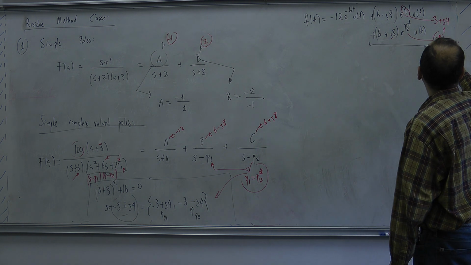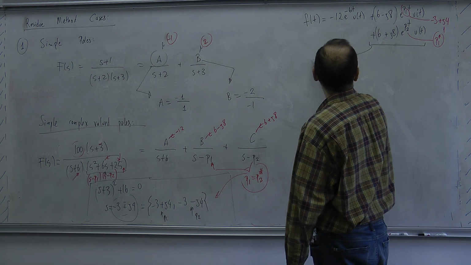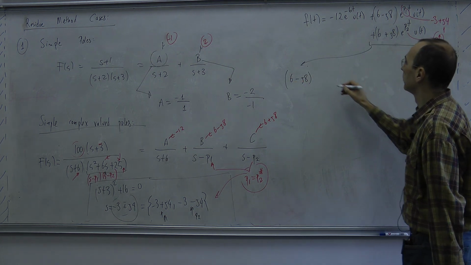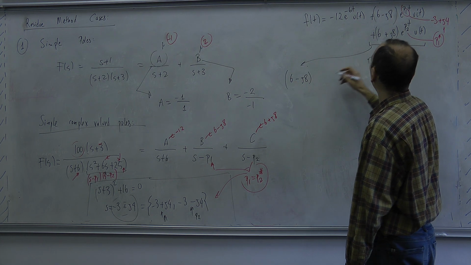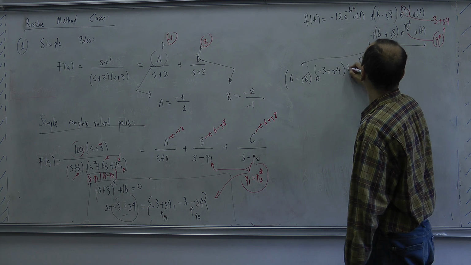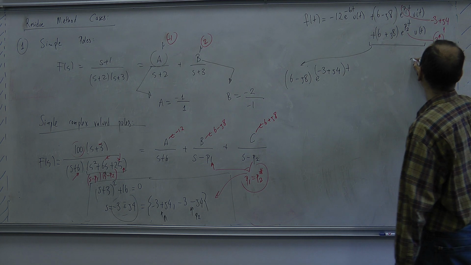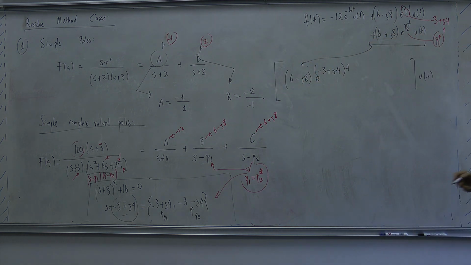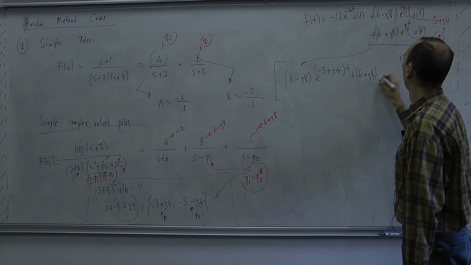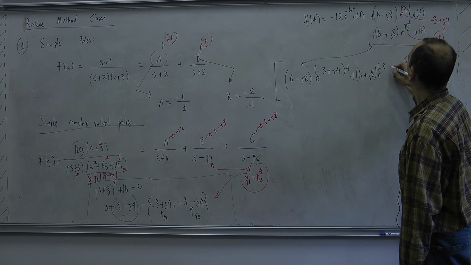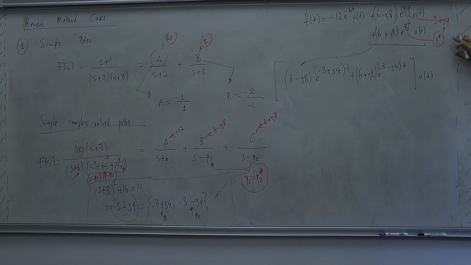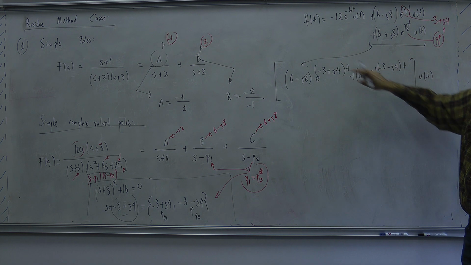I would like to write these two terms over here one more time. 6 minus j8, okay, e to the p1 t, e to the (minus 3 plus j4)t, and let me put this u(t) over here. Okay, and I have 6 plus j8 e to the (minus 3 minus j4)t. So I have on the exponent the conjugate of this.